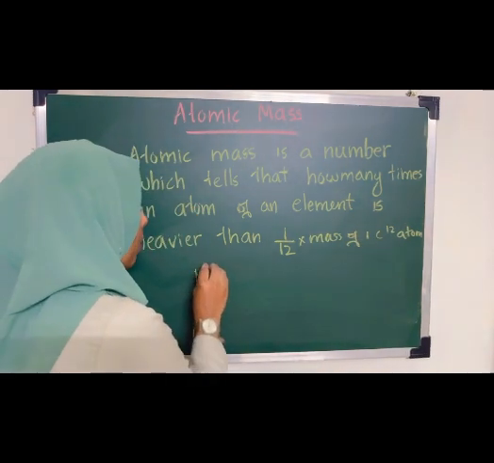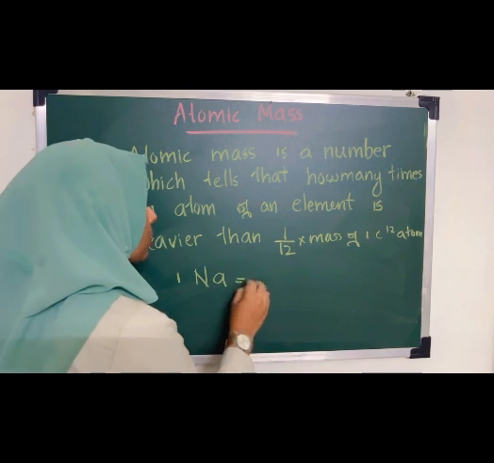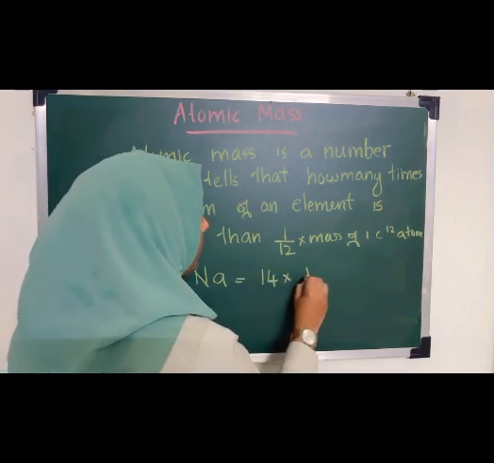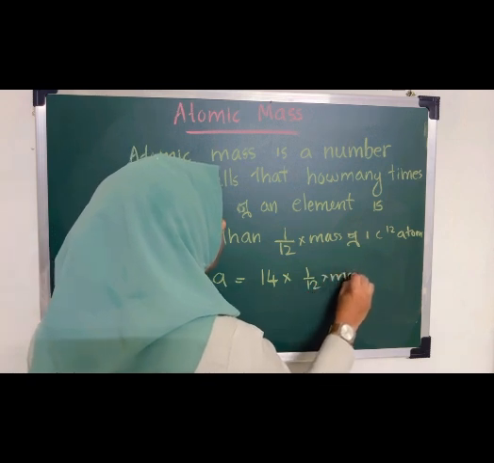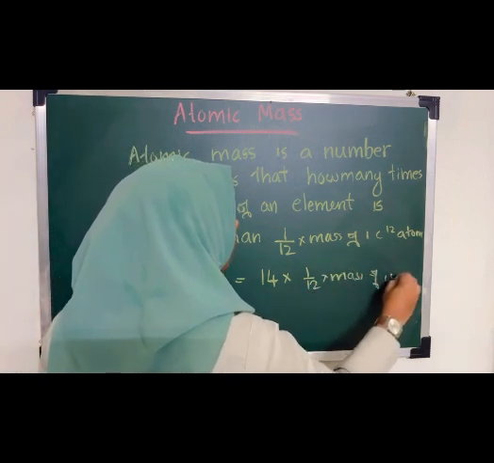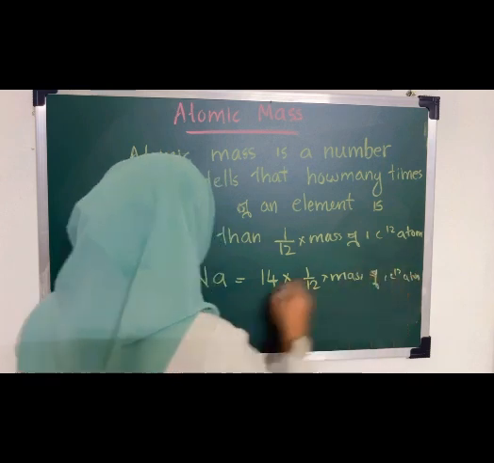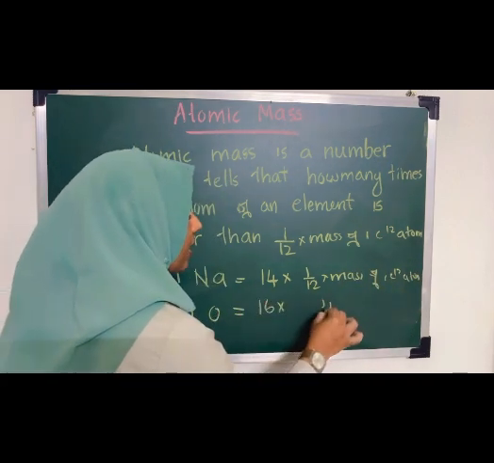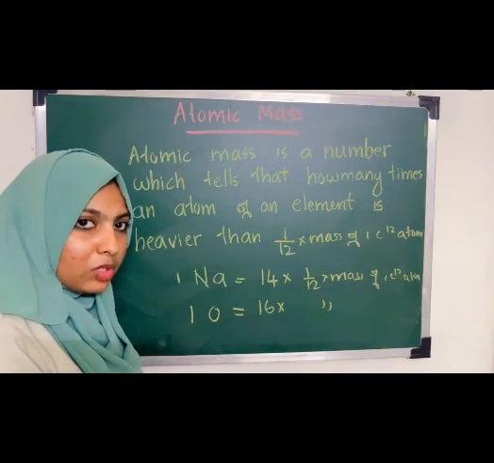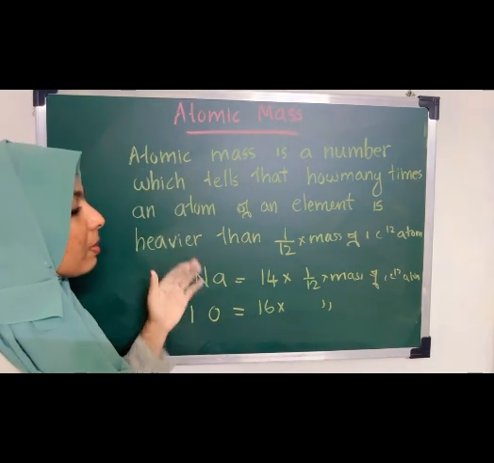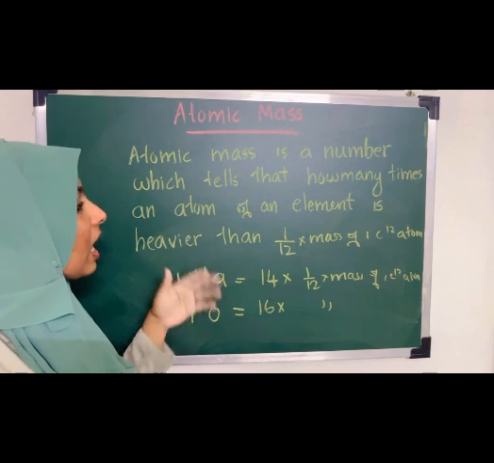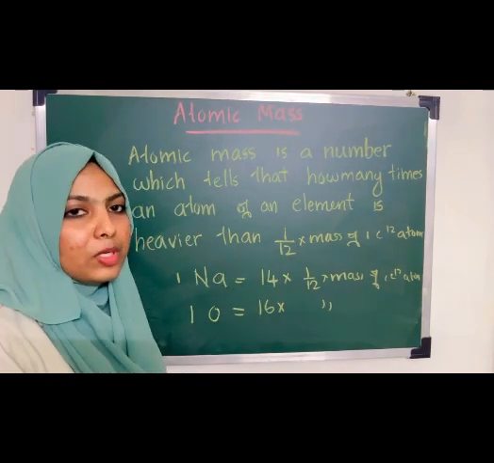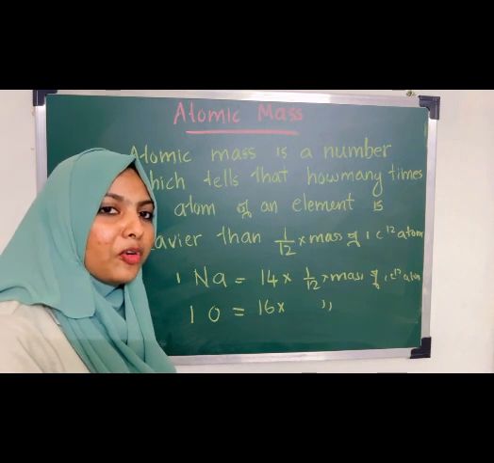For example, 1 nitrogen atom is 14 times heavier than 1 by 12th mass of 1 carbon-12 atom. 1 oxygen atom is 16 times heavier than 1 by 12th mass of a carbon-12 atom. So, the definition of atomic mass is how many times heavier an element is than 1 by 12th mass of a carbon-12 atom. I hope you all are clear on this.